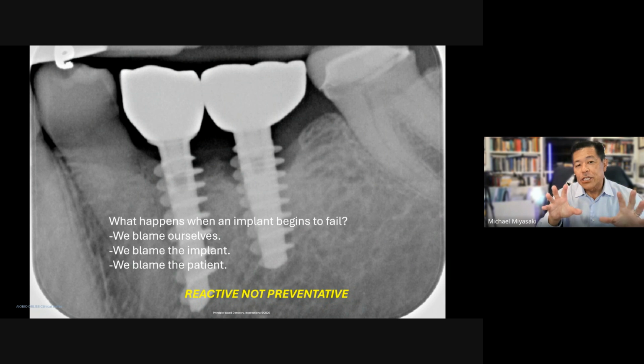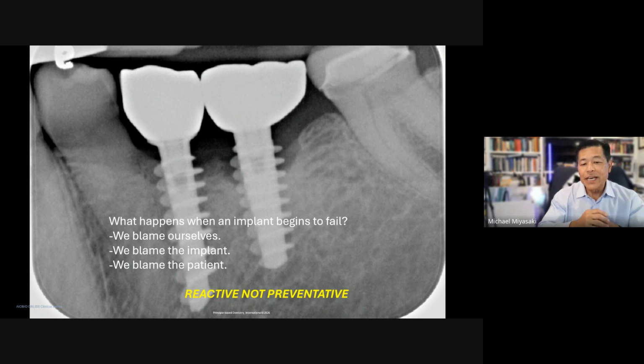And then when you start to lose crestal bone around these implants, we all feel bad. Was it something that we did as the surgeon placing the implant? Is it maybe the implant? And that's why I think there are so many implant designs, because everyone has an excuse for why implants don't do well.